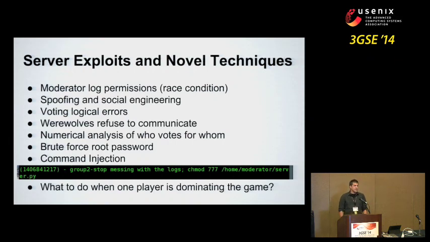There were some logical errors. If you created a client and didn't behave with the protocol that was assigned, you could actually vote multiple times, skew the voting. Over time, it became disadvantageous for werewolves to communicate at all during their discussion phase, and that's because any kind of discussion would create noise, detectable noise in the system, and so they ended up just not communicating.